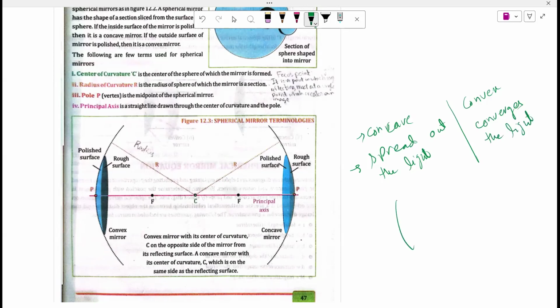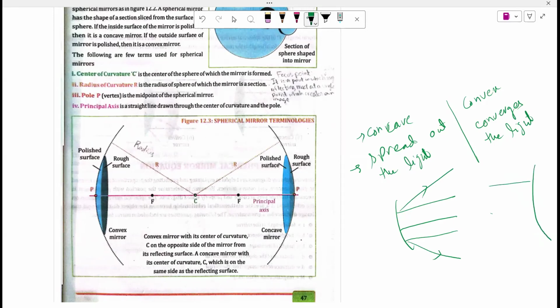That is, अगर हम mirrors draw करेंगे, when the light would fall on it, if it's like this, the parallel rays coming towards the mirror would diverge after reflecting. And if it's a convex mirror, I'm very bad at drawings, उसका outer surface जो होता है वो reflective होता है.